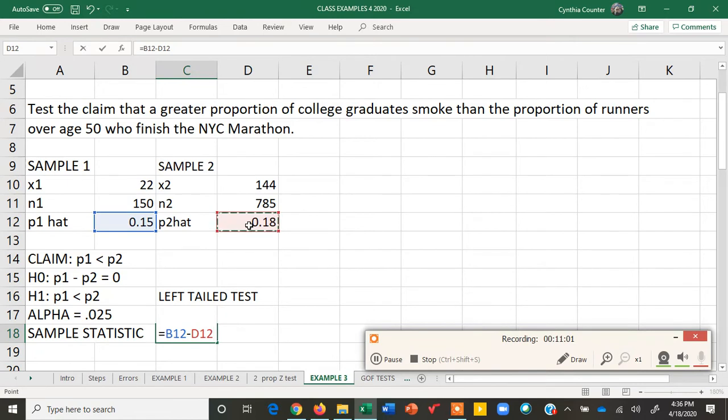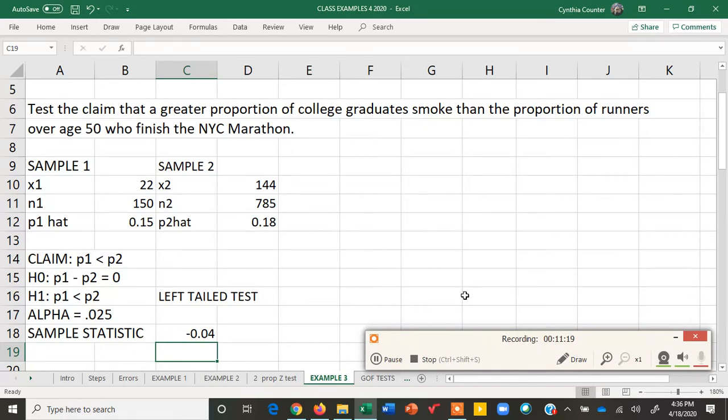So I'm going to take P1 hat and subtract P2 hat. We had already noted that the difference between these was 3%, but since we have P1 hat less than P2 hat, we're going to have a sample statistic that is negative, right? Negative 0.04.